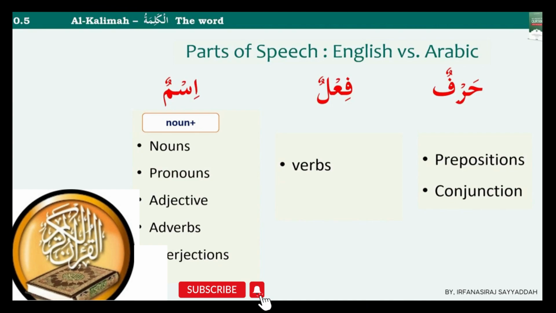So we have one type of words called ismun. The second type is verbs, fi'lun, exactly the same as in English as far as the categorization is concerned. And then we have harf, which I'm going to translate as particle, a short word. Prepositions, conjunctions, articles, etc. are called harf or huruf. So these are the only 3 types of words in Arabic. The good news is Arabic is a very structured language.